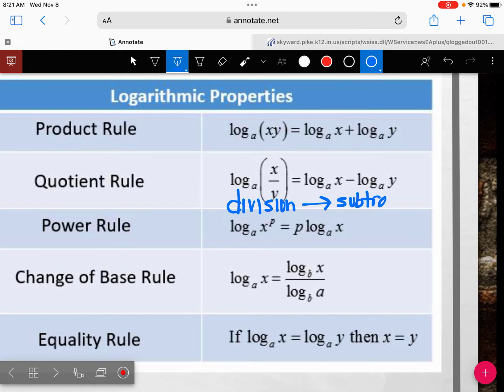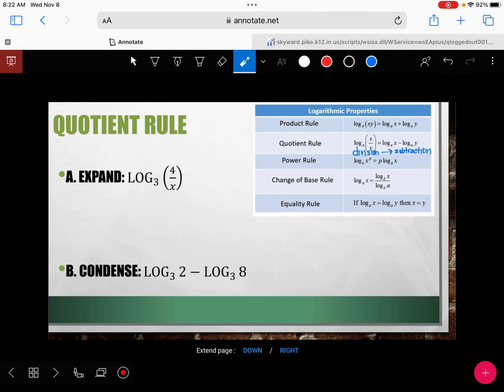So instead of having x divided by y, it expands to the log base a of x minus the log base a of y. So that's how we expand division. Quotient means division. Divide. All right, so go ahead and copy down these two. Expand and condense.